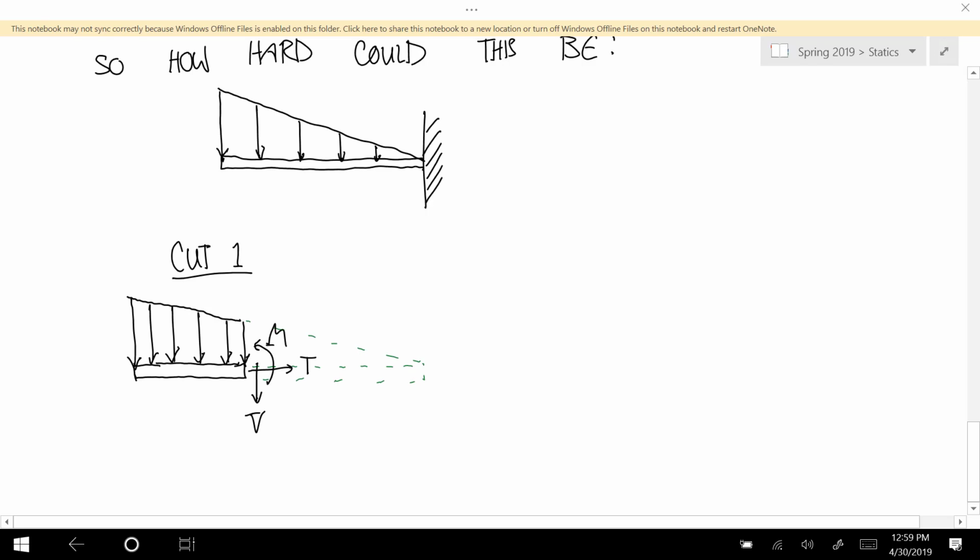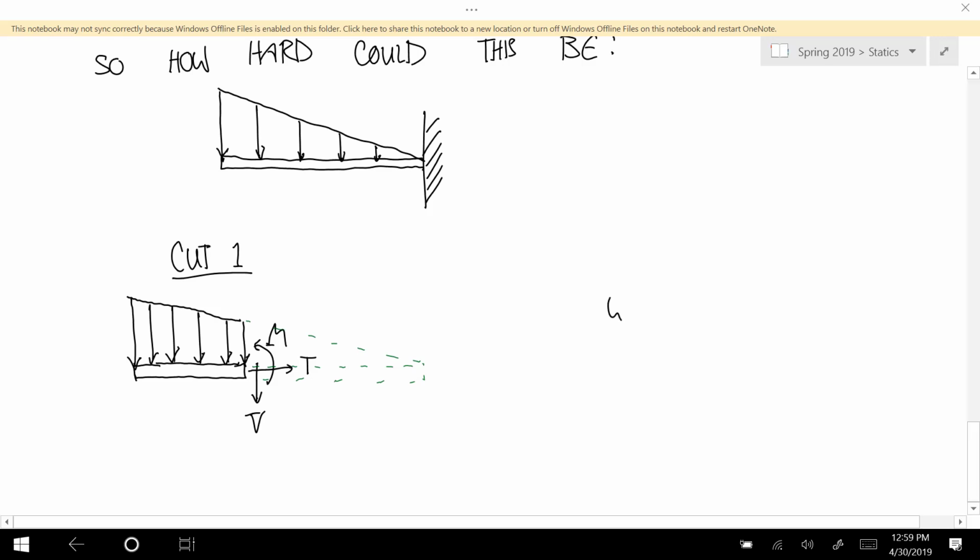What makes this really a pain is that because of the orientation of that triangular distributed load, the cut we made took away its triangularity. It took away what makes it a triangle.